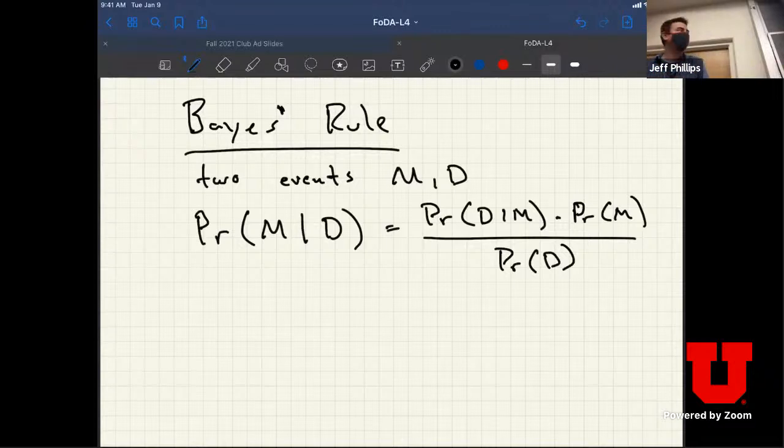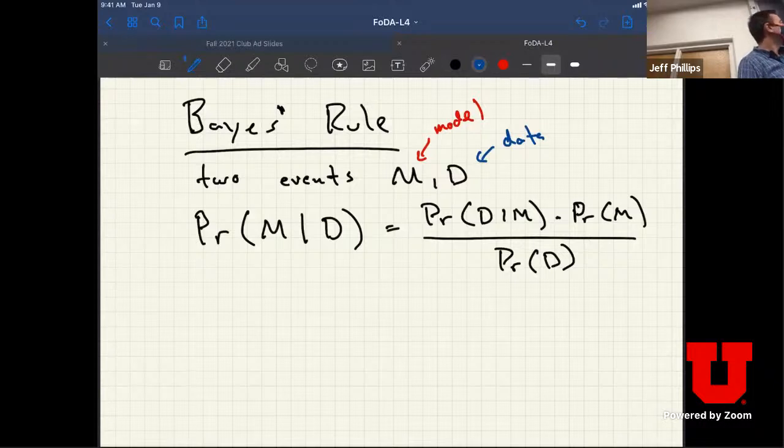The way I suggest you think about this, the way I do, is that M stands for a model, and D stands for the data. What we would like to do is say we have a bunch of models that we think might be the best way to represent the data. Given some data, we've observed some data.